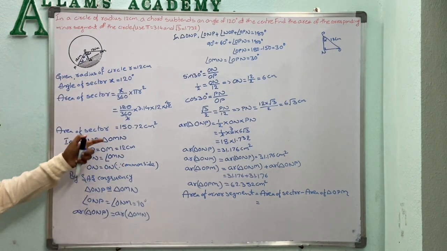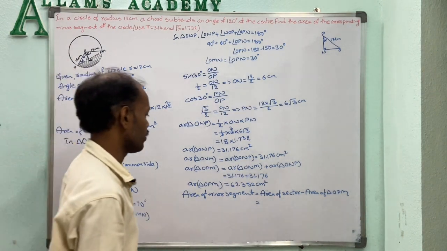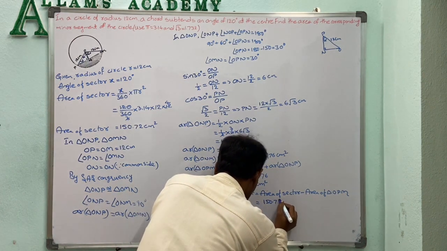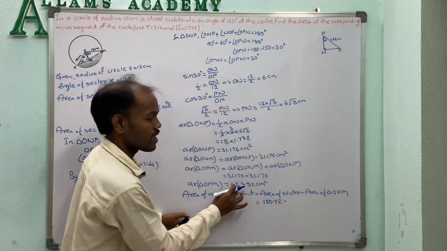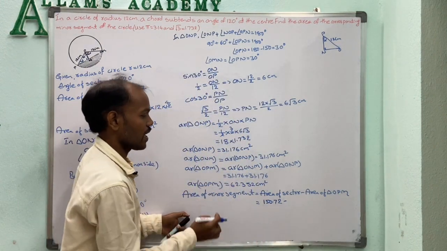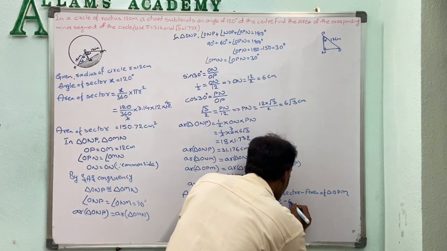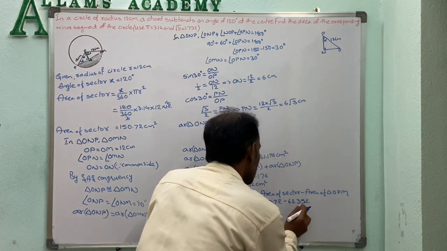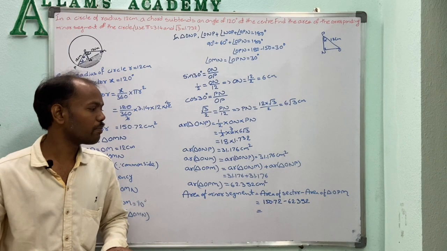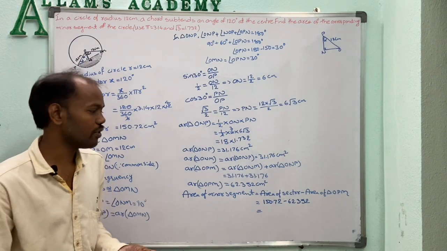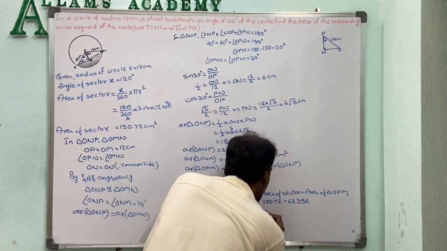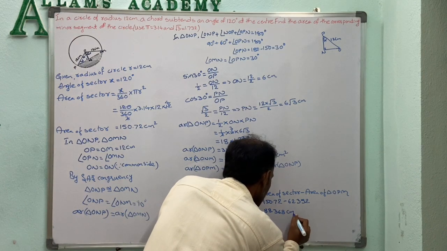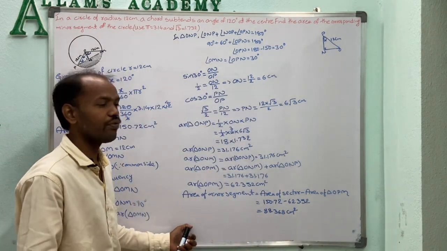Now the area of sector value is 150.72. So 150.72 minus 62.352, it is the area of triangle OPM. Now subtracting these two values, 150.72 minus 62.352, we get 88.368 centimeter square. It is the area of the minor segment.